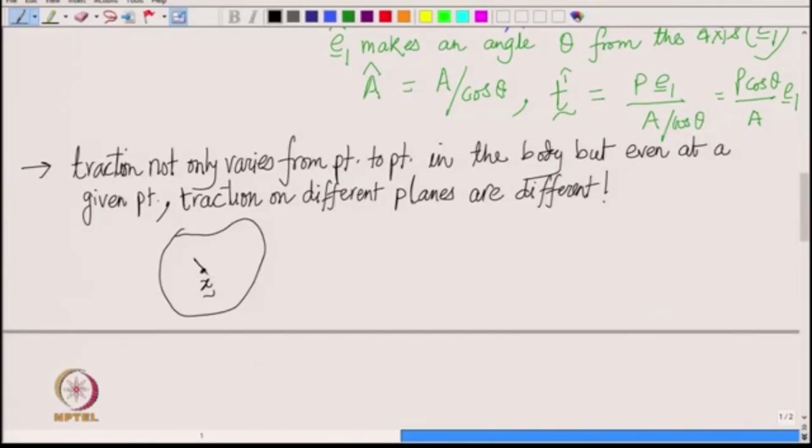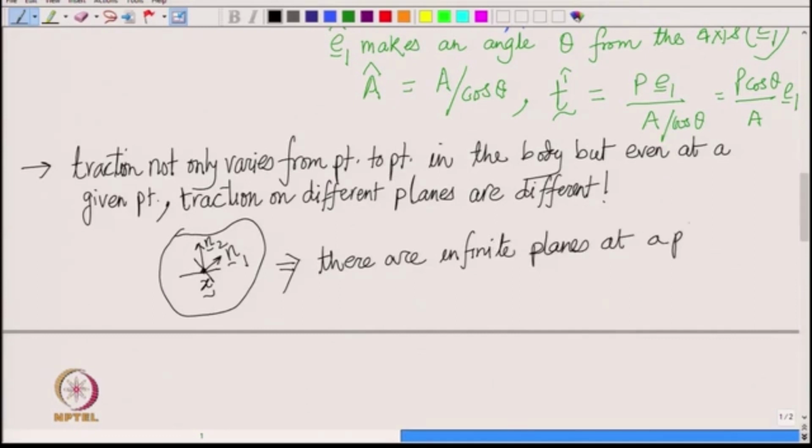You see, this is one plane with normal n1, another plane with normal n2, you can keep on going. So, the bottom line, there are infinite planes at a point.